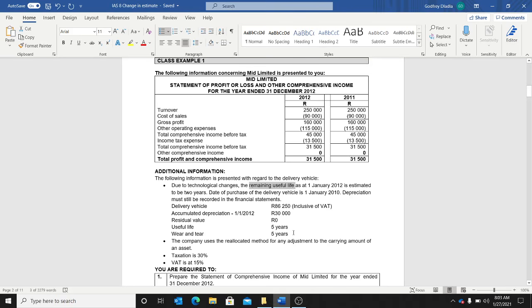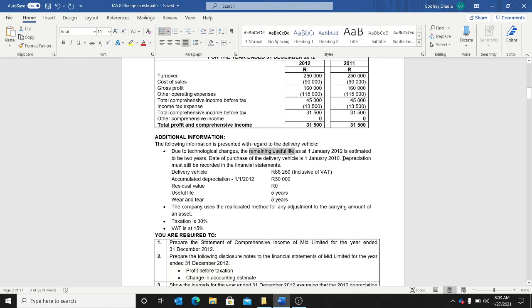If they said total useful life or original, they would be talking about the one we started with. But they're saying remaining, that is after depreciating a few years, so you remain with that amount. I will show you what that is.